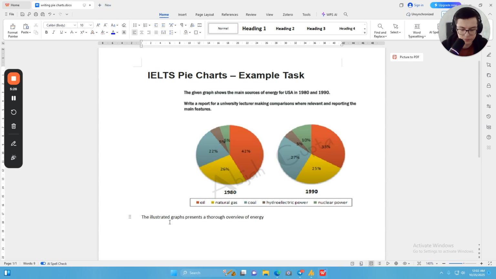Energy generated from, so we have 5 different types of energy. I mean sources where energy is created from. So generated from, let's say, 5 different sources in America.